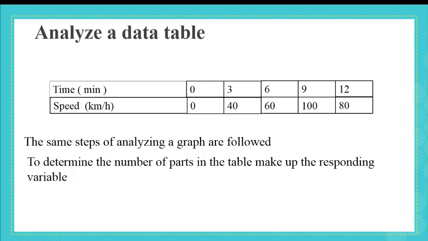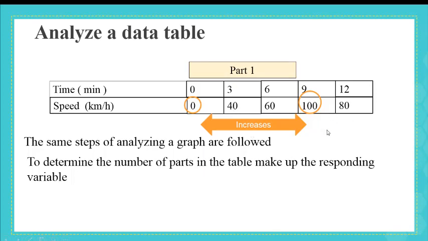From 100 to 80, the value decreases. We will divide the table referring to the values and the variation, into two parts. From 0 to 100, the values increase, so it is the first part. From 100 to 80, the value decreases. This is the second part.